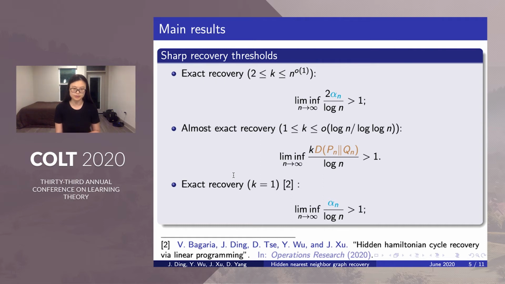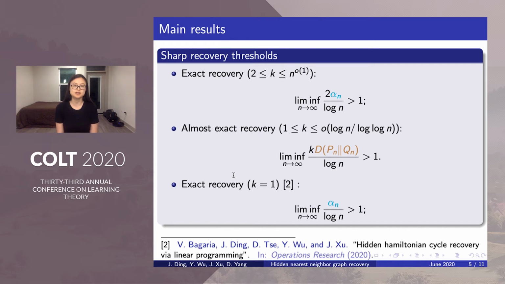However, from that point on, the threshold for exact recovery just stays unchanged for a wide range of k. On the other hand, almost exact recovery gets easier and easier as k grows. It is not immediately obvious why that is the case.